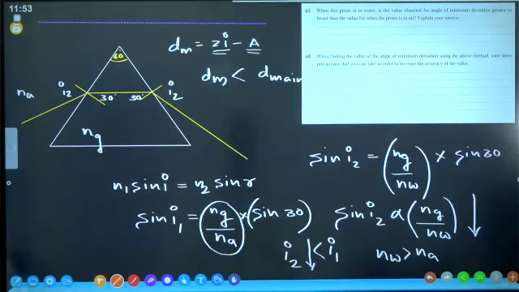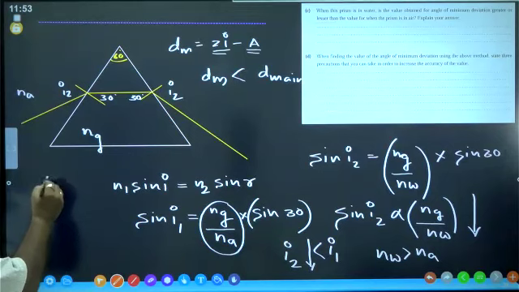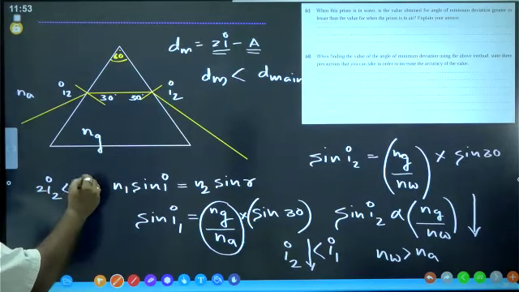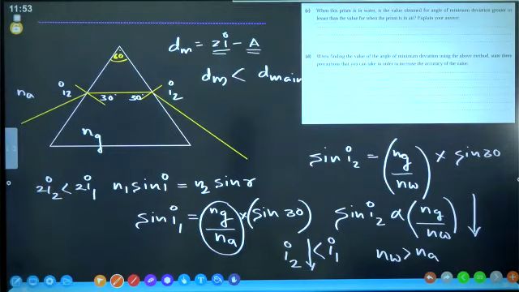Then, according to dm equal 2i minus A, 2i2 becomes less than 2i1. Therefore, new minimum deviation angle is less than in air.